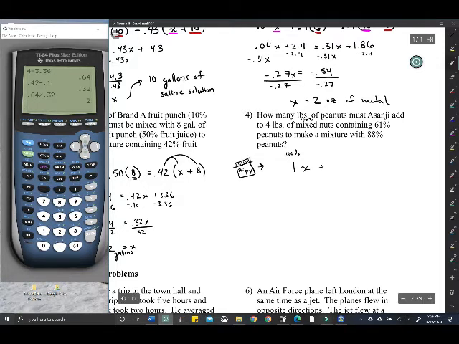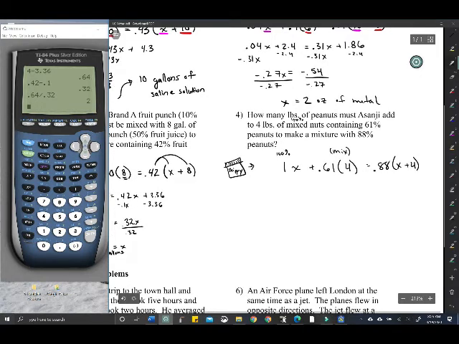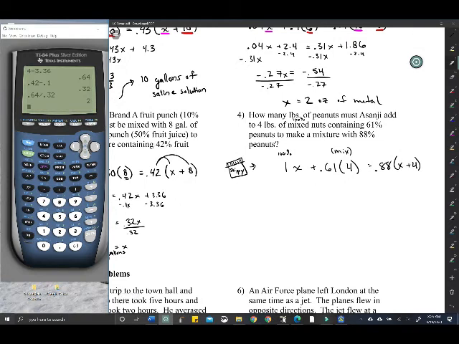So if you go out to the store and you look at different types of mixed nuts, there's different quantities. So 0.61 times 4, and that's our mixture. Okay, and he wants to make 88% peanuts. So 0.88, our quantity, plus the original, and that's it there. So a little bit of a curveball with thinking how much of this. So how many? Remember, that's your variable.